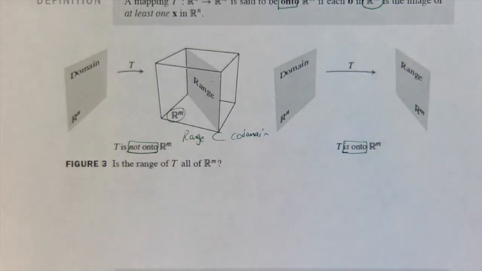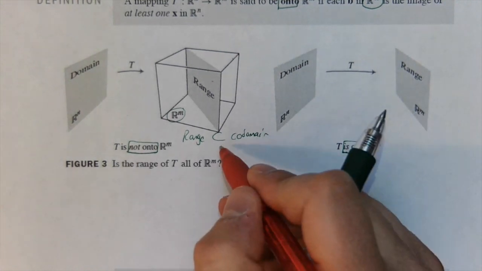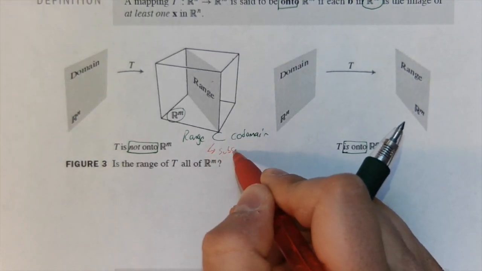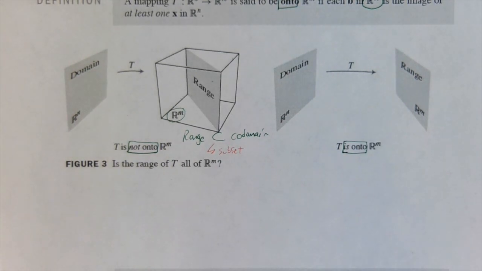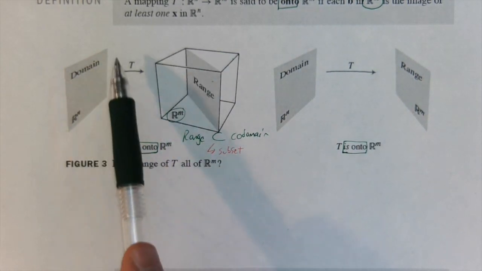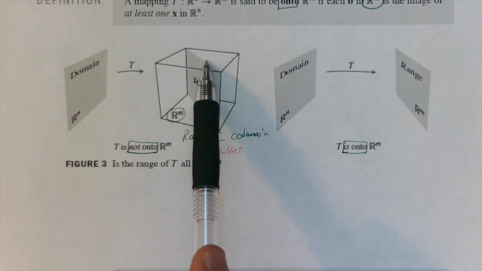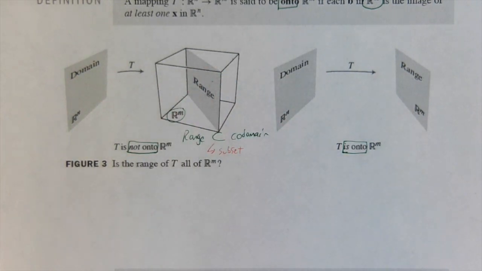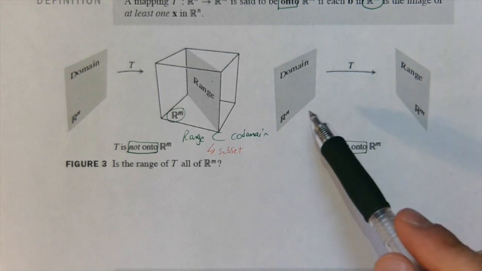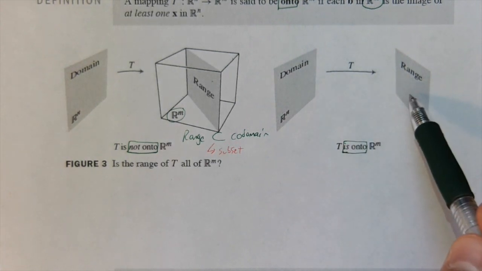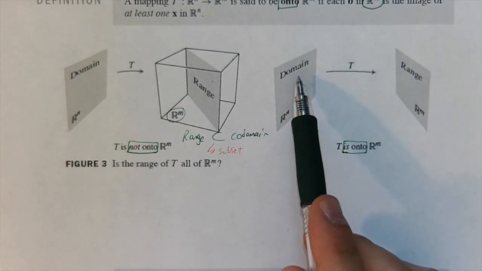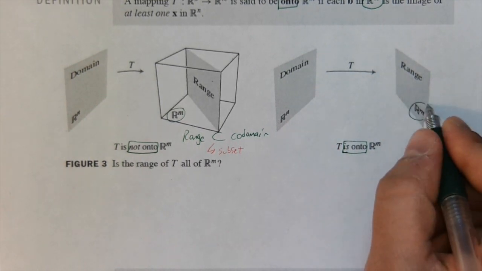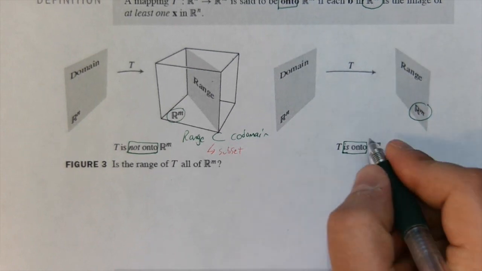And if you've never seen this notation before, this little C-looking thing means is a subset of. And so this one's not onto because it takes things from this set and sends it over to the range, but the range is not filling up the whole space. But this one is onto because in this particular case, this is the domain, this is the range, and you can see that the range and the codomain are the same space.